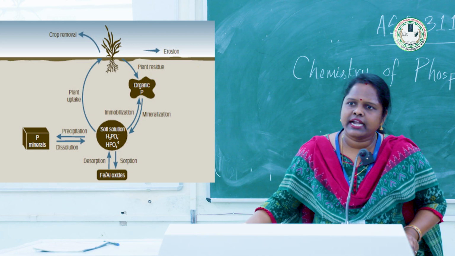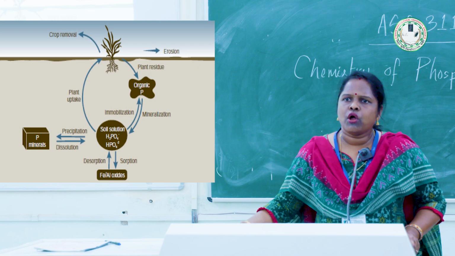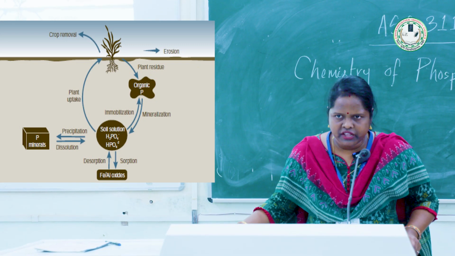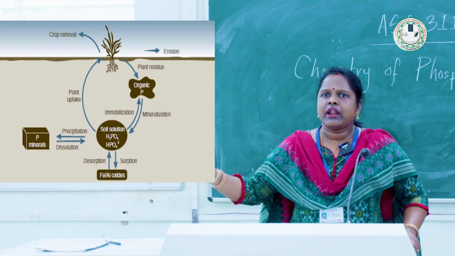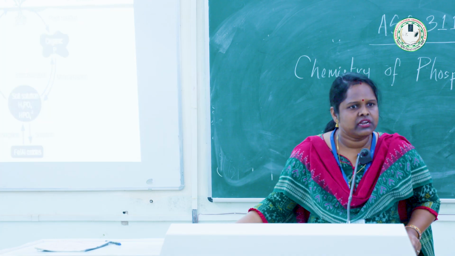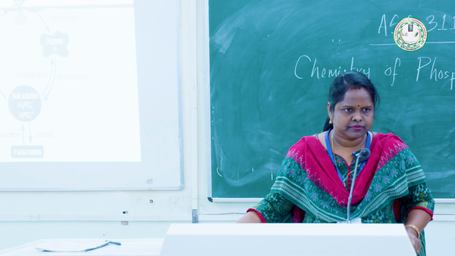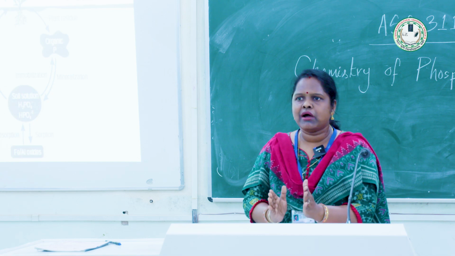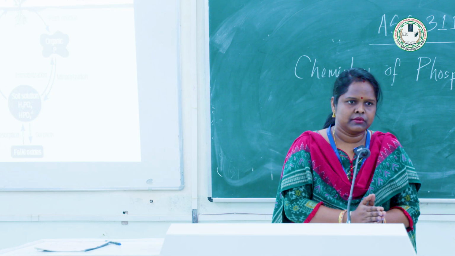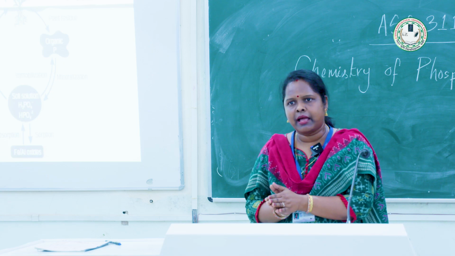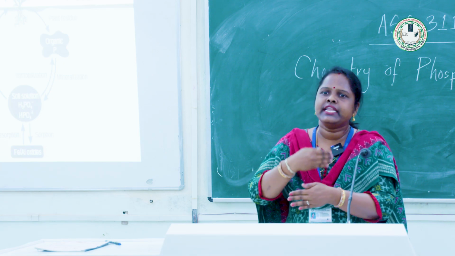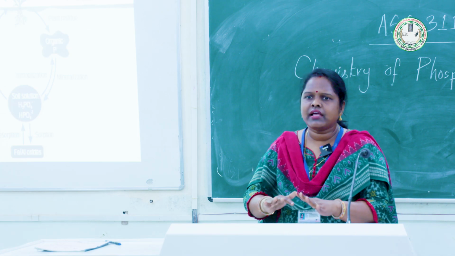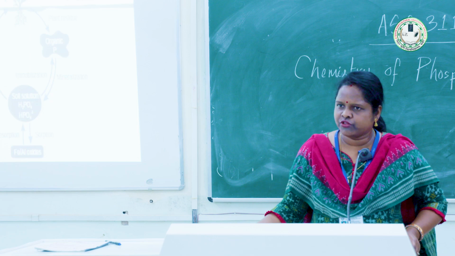Basal application is already proved, and we can also use several other methods of application like band placement. In recent days, we are also focusing on foliar application as well as seed treatment. And the amount is also very important: right amount at right time and with the right method of application, because we have to increase phosphorus use efficiency in the plant system as well as minimize the loss of phosphorus in soil.